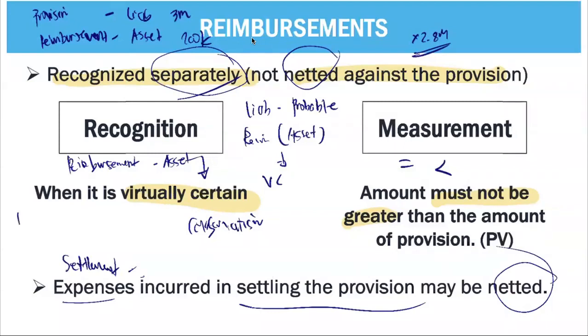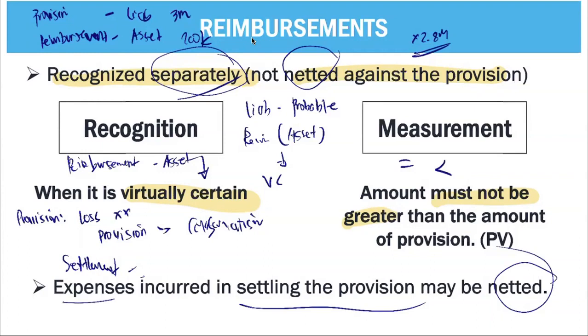Because generally, your entry on a provision is a debit to a loss and a credit to a provision. Okay? So whenever there is a provision, you have a loss. So it must be equal or less than your amount of loss. That is as to reimbursements.